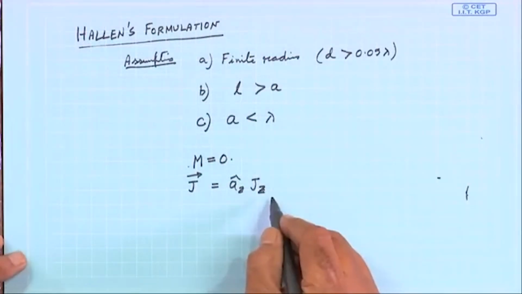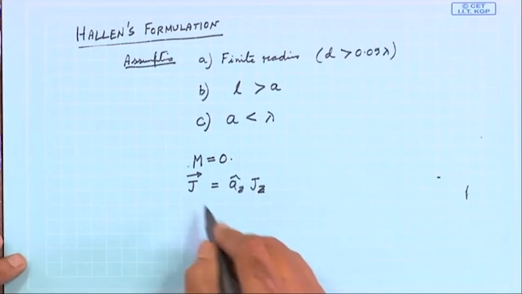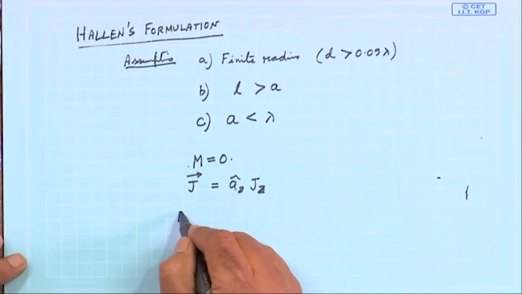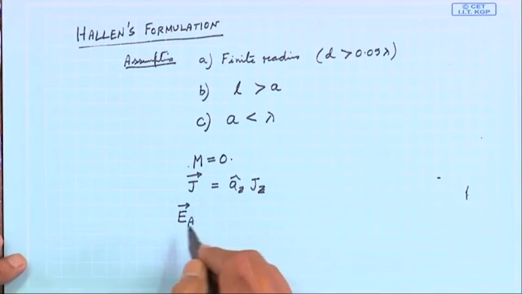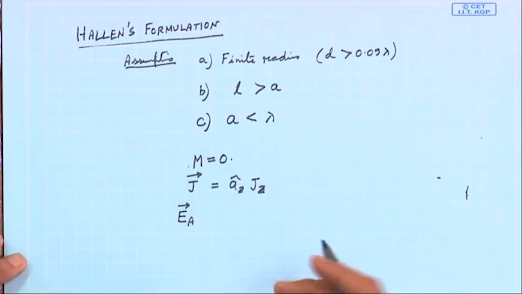If I have this, then we can write the electric field in terms of the applied electric field E^a. Please remember those A's come from the magnetic vector potential that we discussed in the general solution.